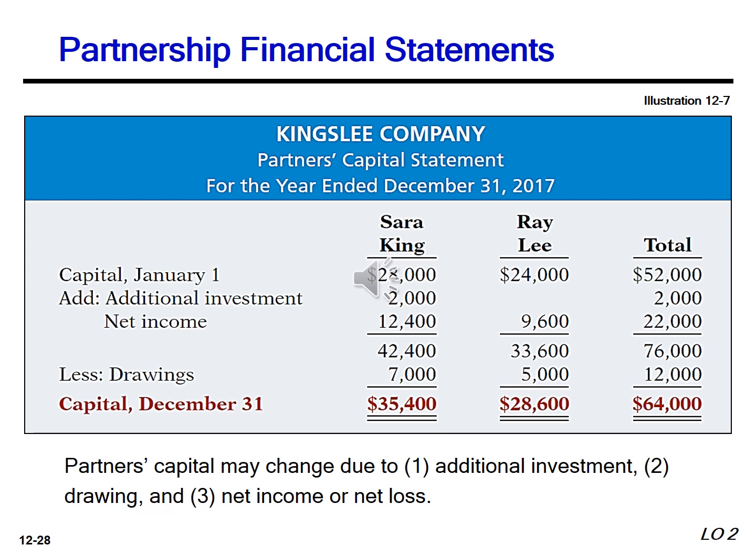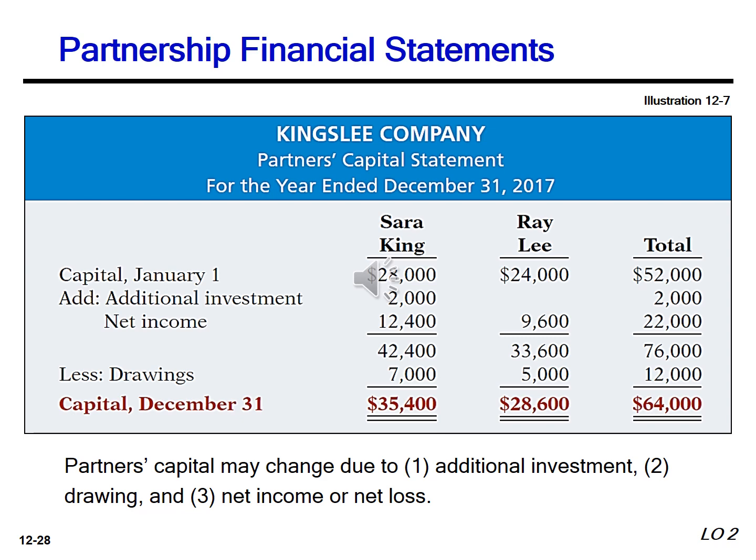And then we also need to take away any drawings that occurred during the year. We know that Sarah King withdrew 7,000 throughout the year, and Ray Lee withdrew 5,000, which gives us a total of 12,000. So we subtract those amounts from the owner's equity balance, and we end up with the end-of-year capital for each partner.